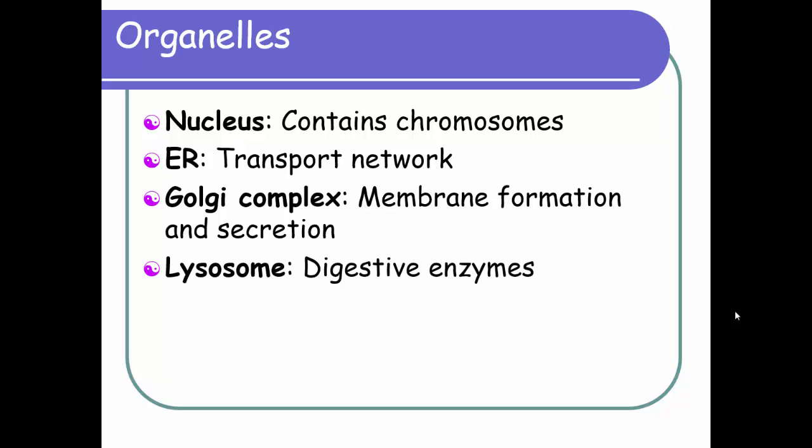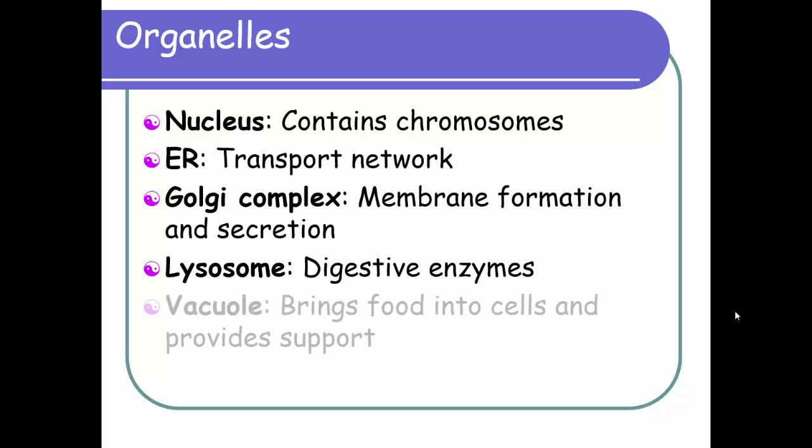The lysosome, sometimes referred to as the suicide packet of the cell, contains digestive enzymes used to break down foreign material, dead and dying organelles. If, however, the lysosomal membrane ruptures, the cell will auto-digest. The digestive enzymes will literally eat the cell from the inside out, killing it.